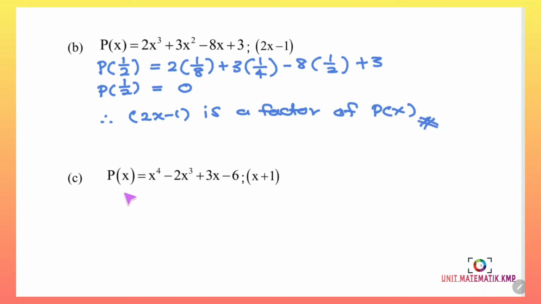Okay, example 3. We are given P(x) equal to x power 4 minus 2x power 3 plus 3x minus 6, and we want to determine whether x plus 1 is a factor of the given polynomial. So substitute: P(negative 1) is equal to 1 plus 2 minus 3 minus 6. What is the answer?